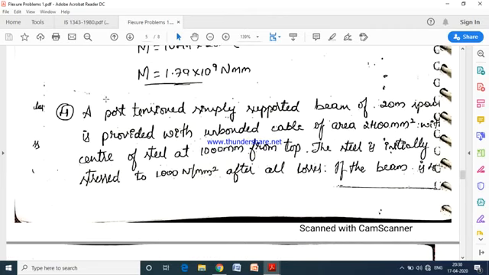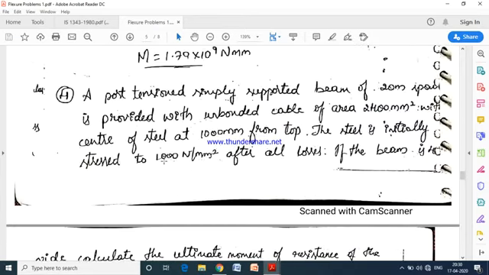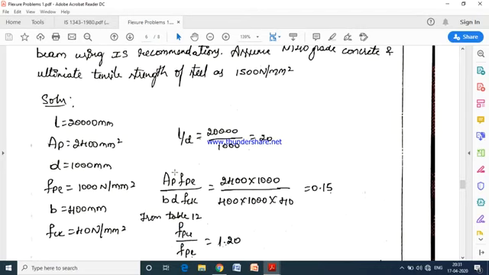Again here, a post-tensioned simply supported beam of 20 meter span. The L by D ratio and Ap fp by b d fck ratio we have to calculate.